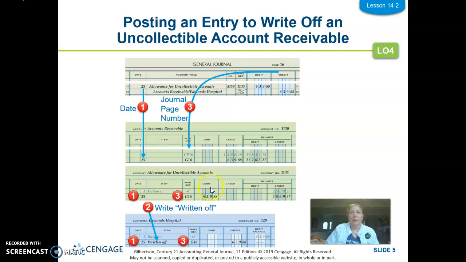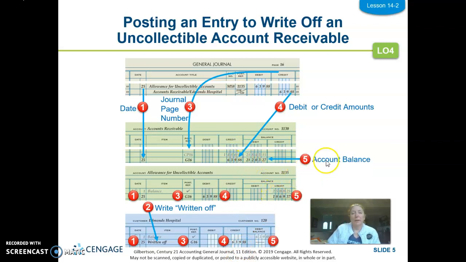And then you put the post reference like normal. The G16 comes from the general journal, G16, and the debit and credit amounts. So it was debited to the allowance and it was credited to accounts receivable and also in the subledger.